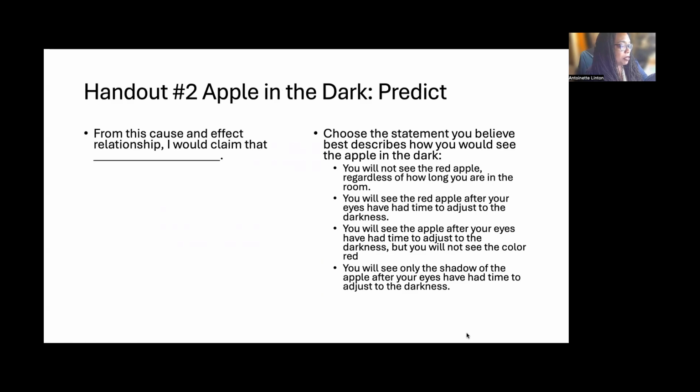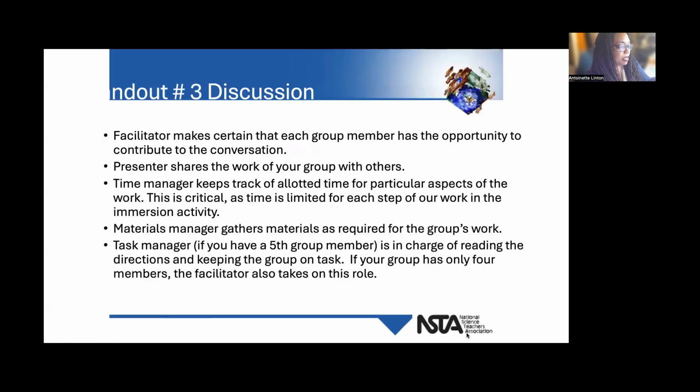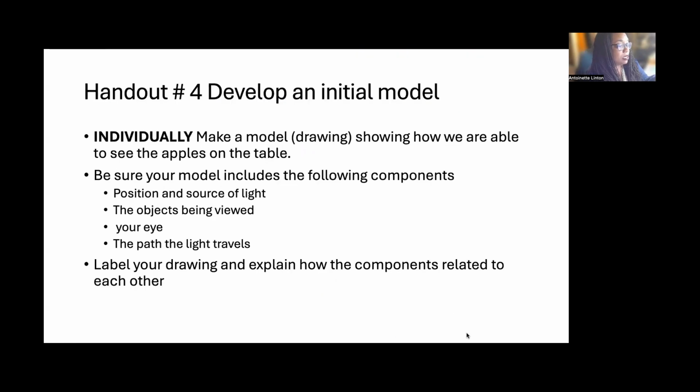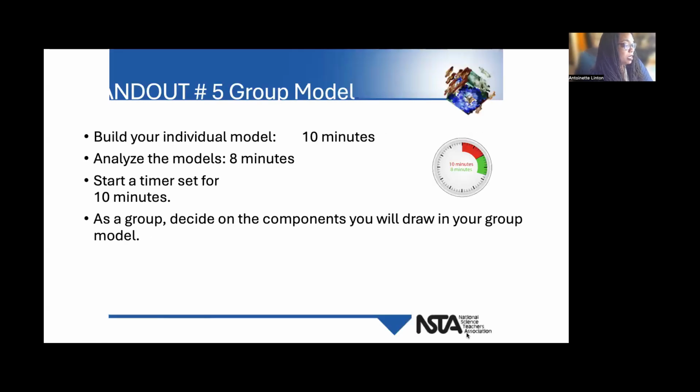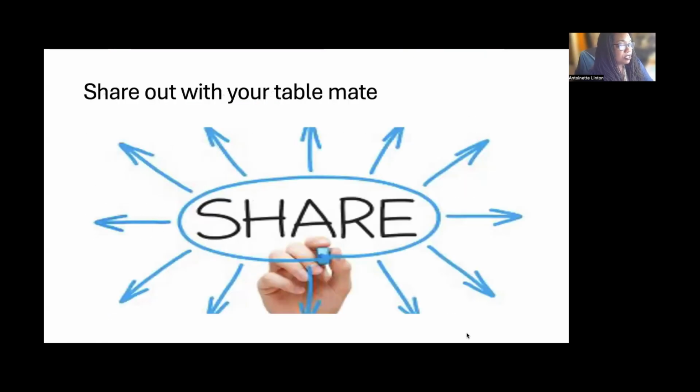Then we discussed how we were going to present our model. You're going to develop the initial model, which you did. This is basically just the activity that we did at the beginning of the semester.